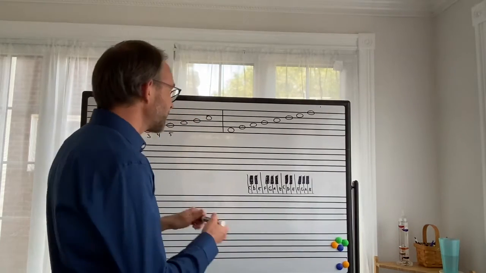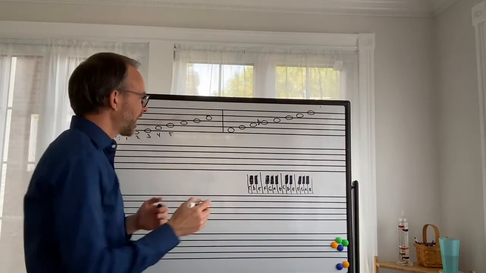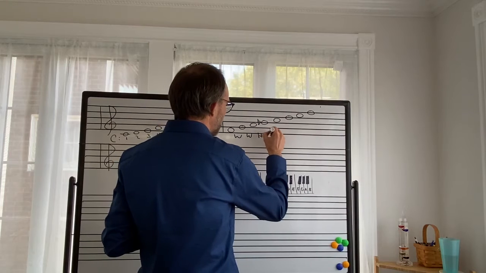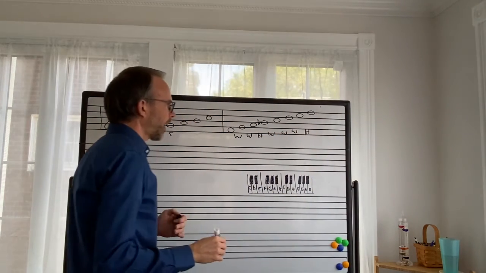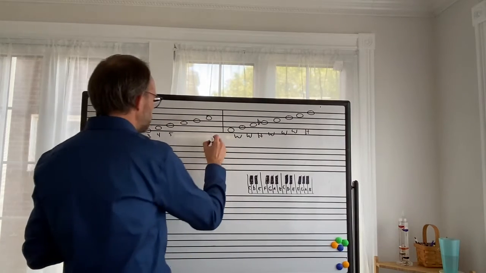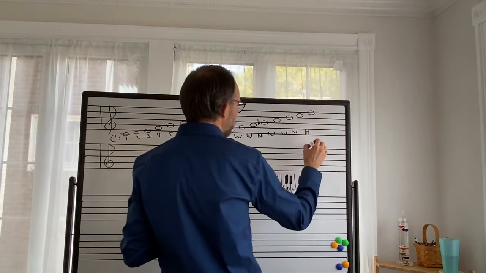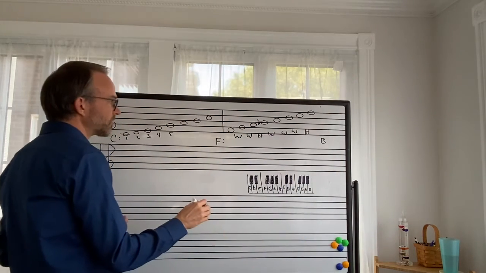That one, the 4th scale degree, needs to be lowered by 1/2 step so that it can fit this pattern. Whole, whole, half, whole, whole, whole, half. Now this is F major. F has 1 flat, and it is B flat.